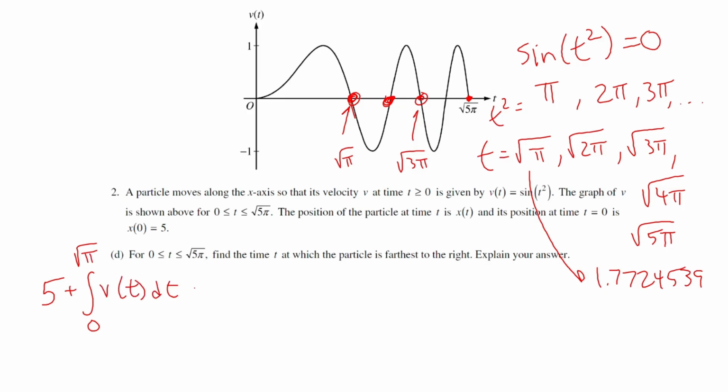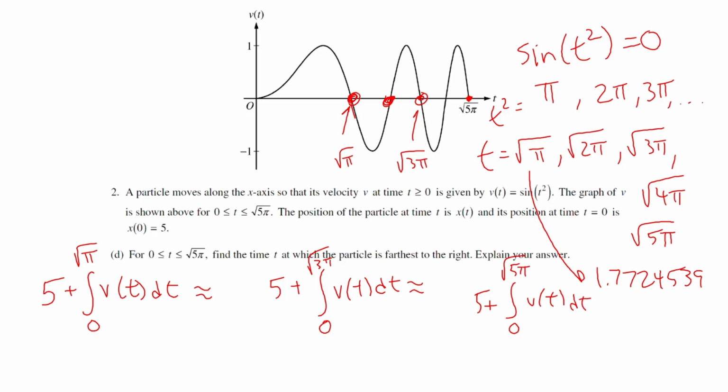And then we'll also do 5 plus the integral from 0 to root 3 pi of v of t dt. And we'll also do 5 plus the integral from 0 to root 5 pi of v of t dt. And we can see that these oscillations are getting narrower and narrower. So it seems to make sense that it's going to be at root pi. But we need some proof of that here.